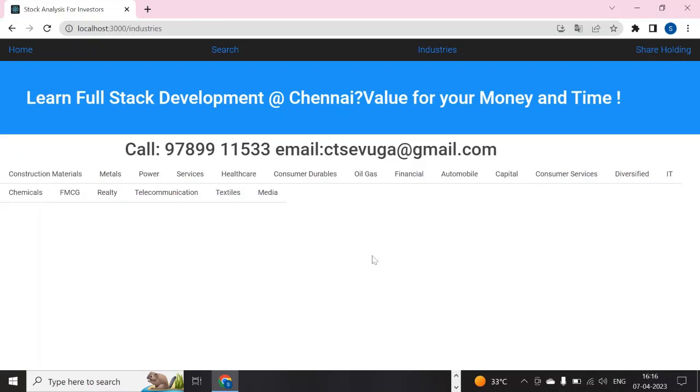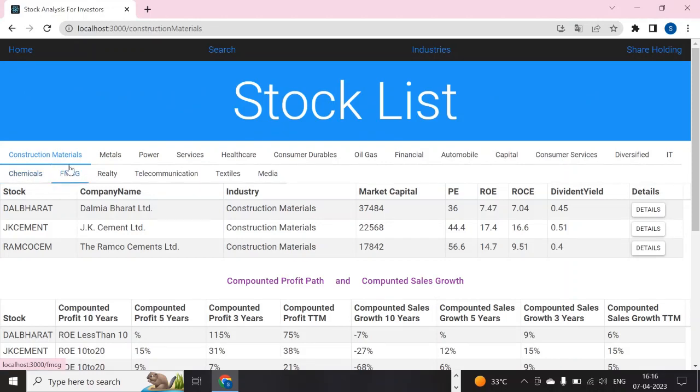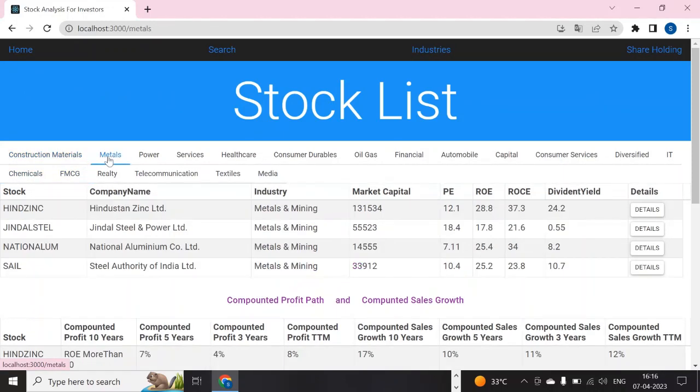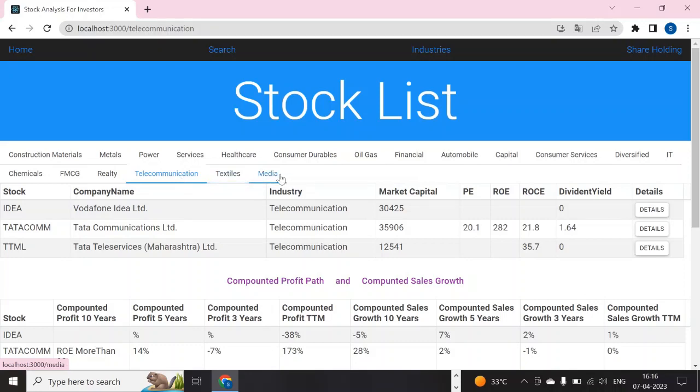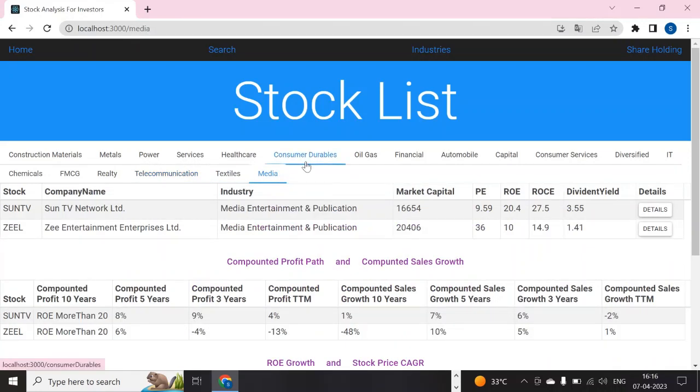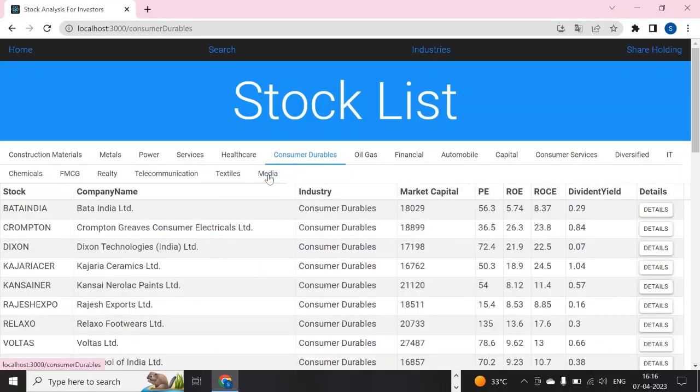The data is divided into different industries: consumer, construction materials, metals, telecommunications, media. Now our Crompton stock comes under consumer durables, so it is in the second record of this particular table.